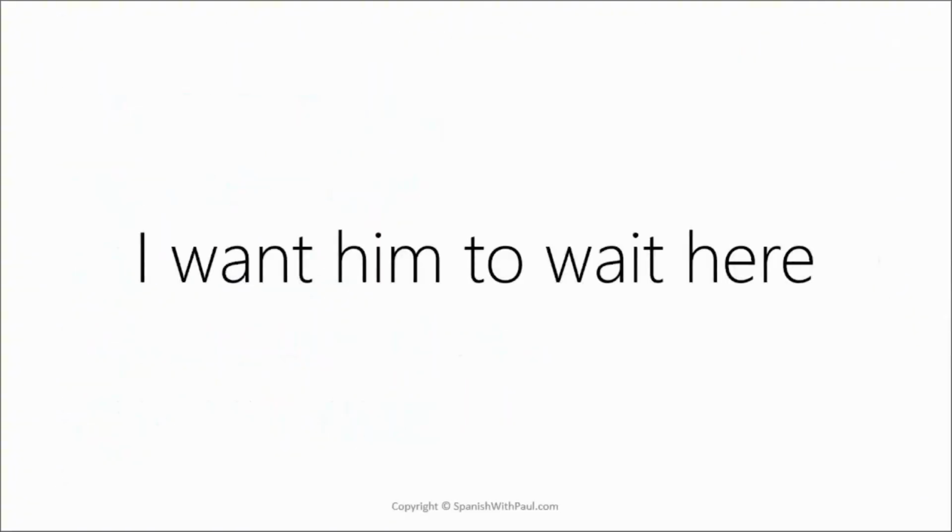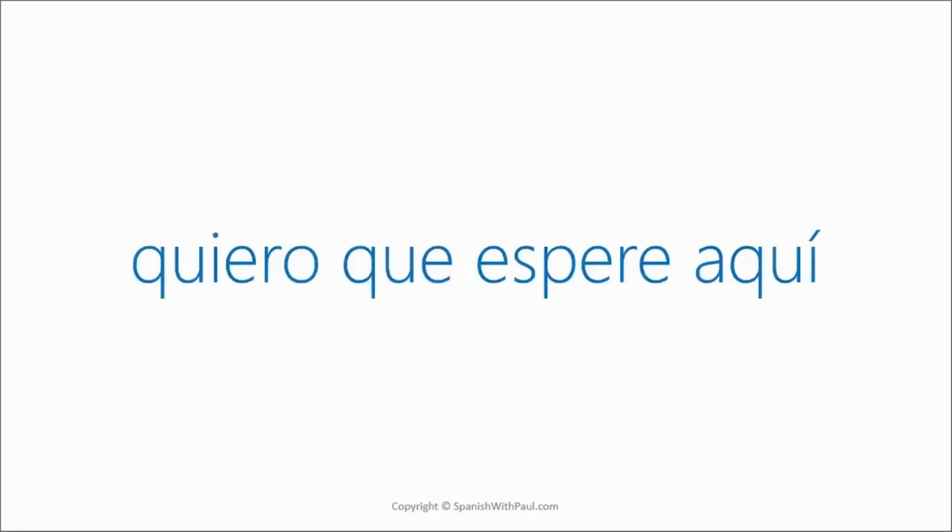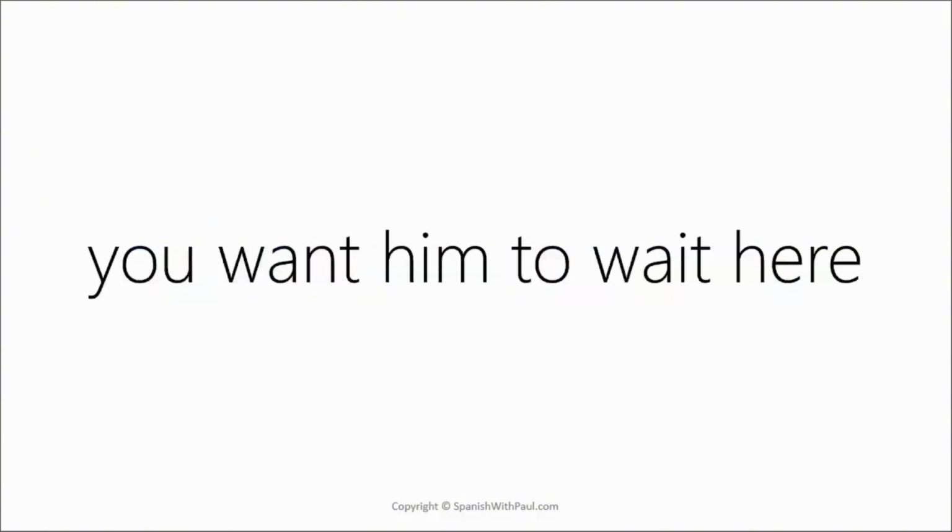So let's work through this. Here we have a sentence that we're well used to at this stage. I want him to wait here. So how would you translate that into Spanish? Quiero que espere aquí. Now moving along to the next angle, we have you want him to wait here. First of all, how would you rephrase this in English using the word that?